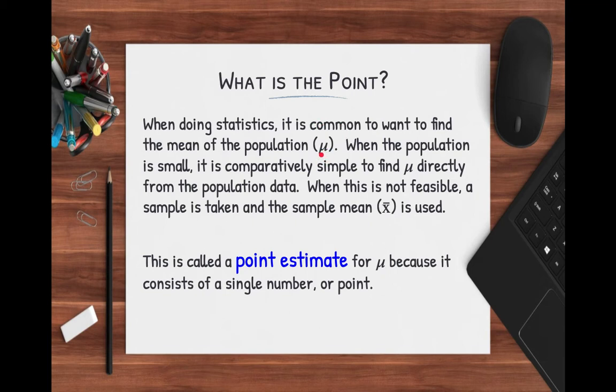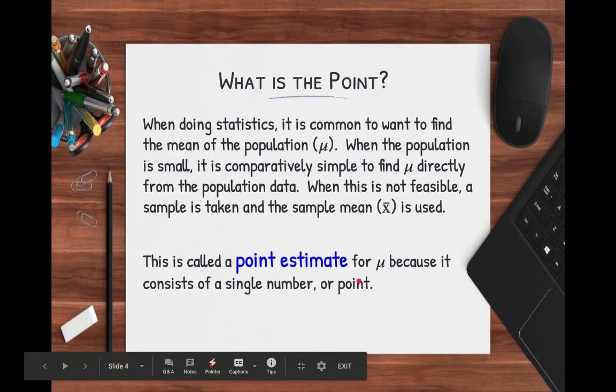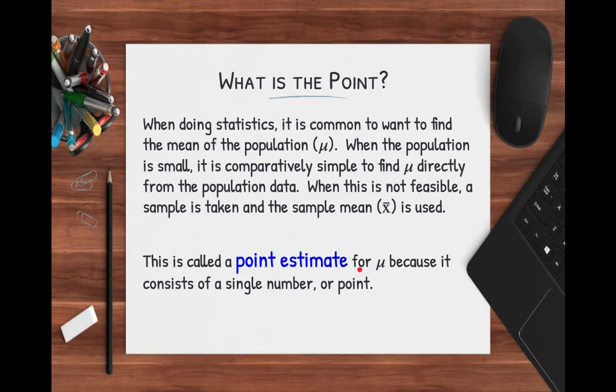And when it's small, we just collect all the population data, do the census. When it's not, we take a sample and we use the sample mean, the x bar. When we use x bar to estimate the mean, we call that a point estimate. It's a single number, a single point.